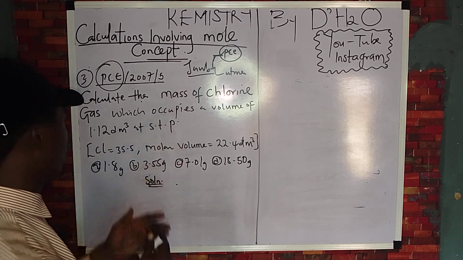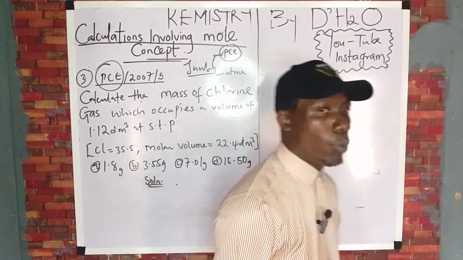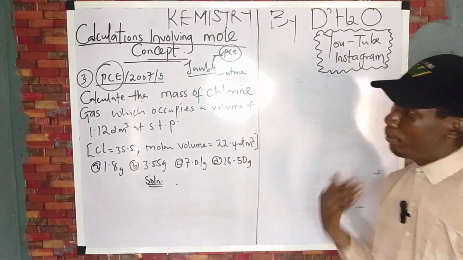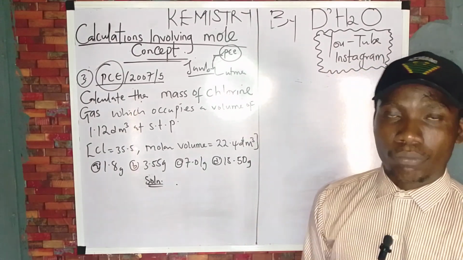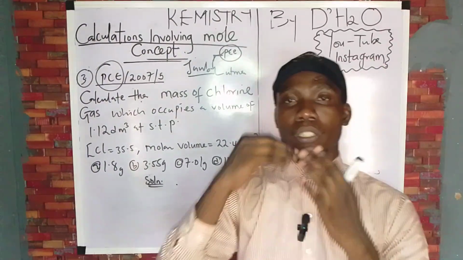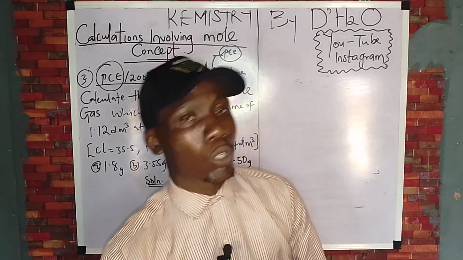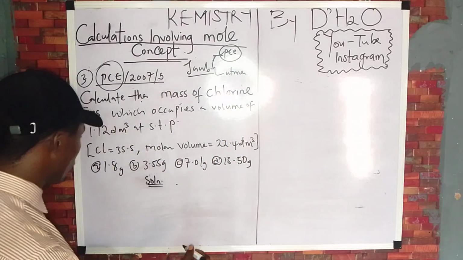Calculate the mass of chlorine gas which will occupy a volume of 1.12 dm cube at STP. Remember the formula I told you about that has to do with the volume. I said if the question involved the volume of a gas evolved at STP, if volume was measured in a mole concept problem, you can solve it this way.